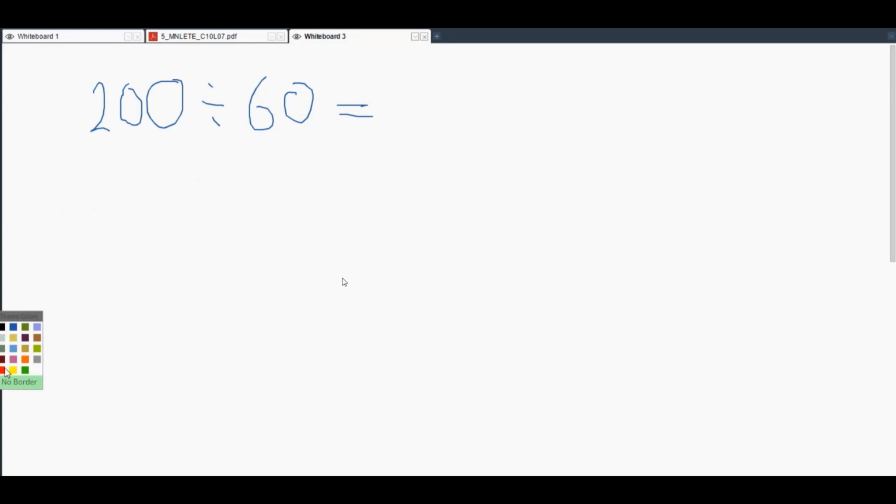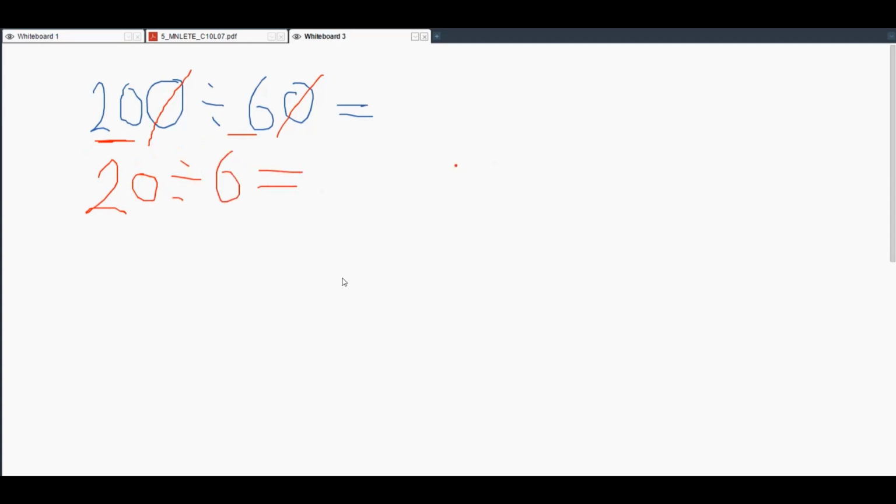So we have 200 here and we have 60. We want to cancel the same number of zeros here and here. So we cancel 0 with 0. The remaining numbers are 20 divided by 6.